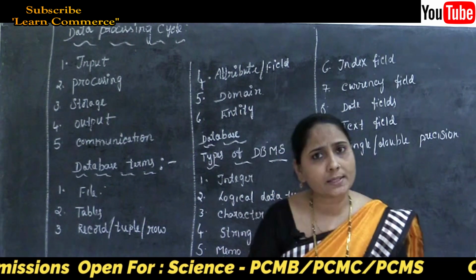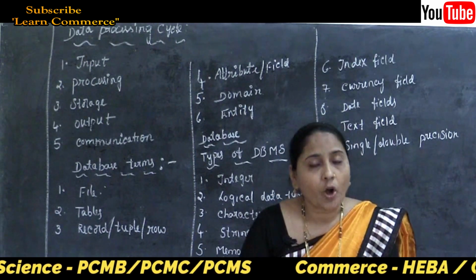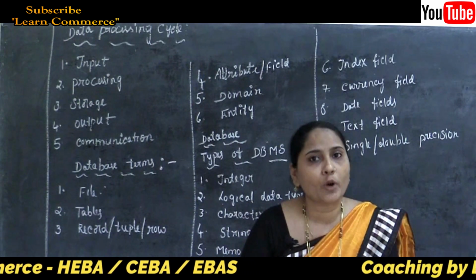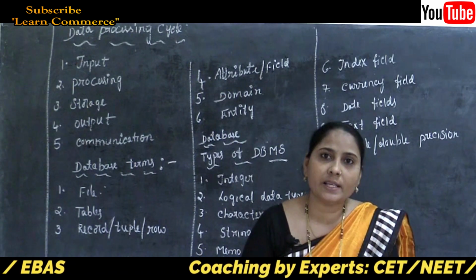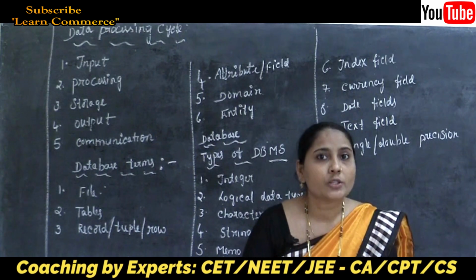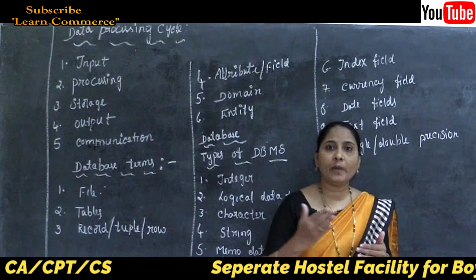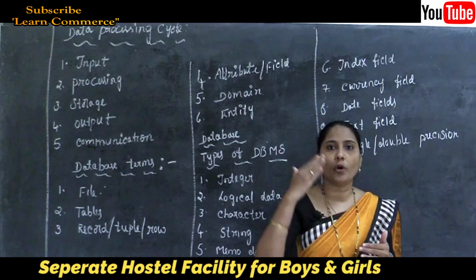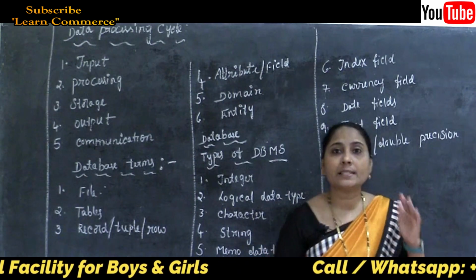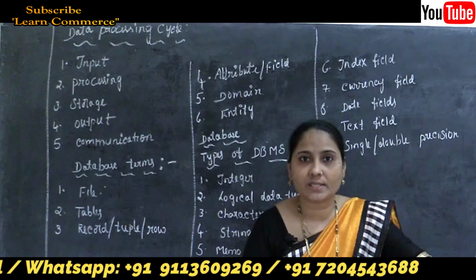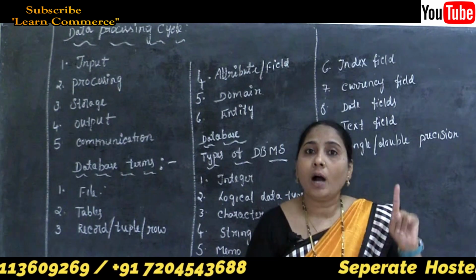So we can say that the result or whatever information is obtained after processing is called the output. Correct? If any result you want to show on screen, such a result obtained after processing is called the output.